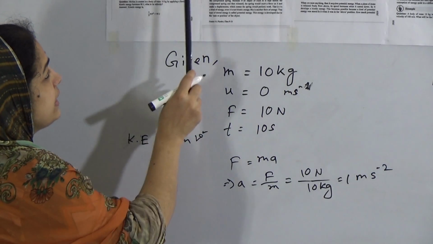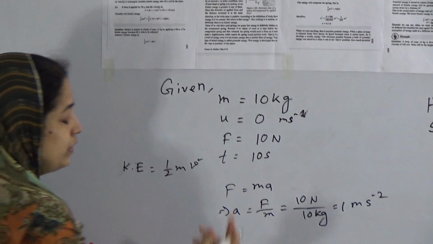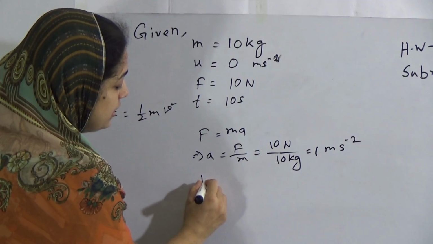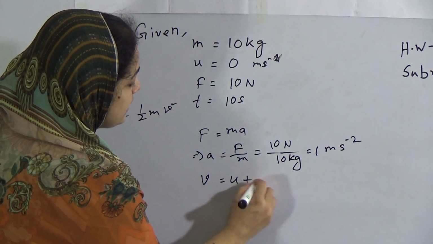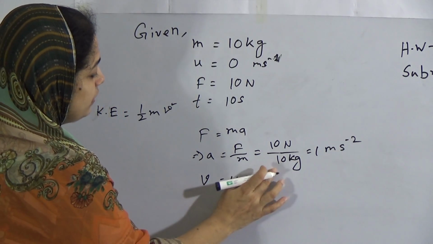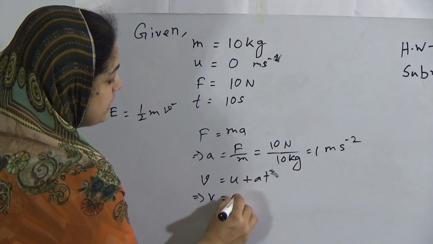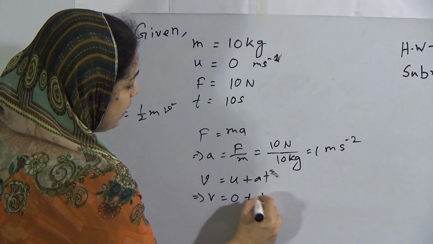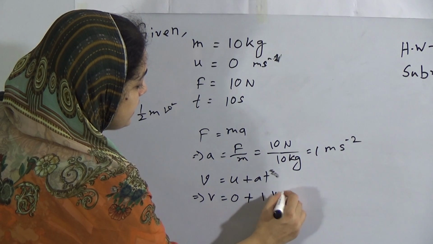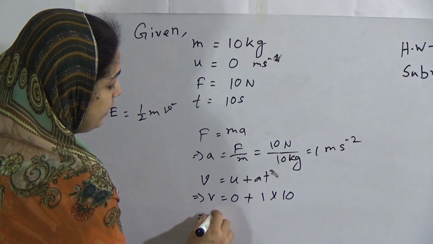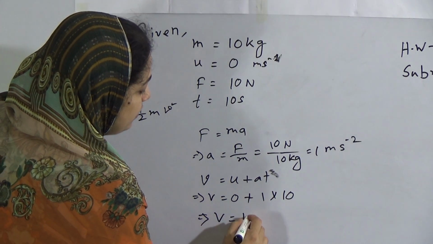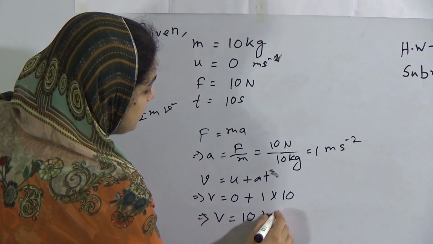And after 10 seconds, what is the velocity? We can write v equals u plus at. After 10 seconds, velocity will be v equals u, which is 0, plus a, which is 1, into t, which is 10 seconds. So v, the velocity, will be 10 meter per second.